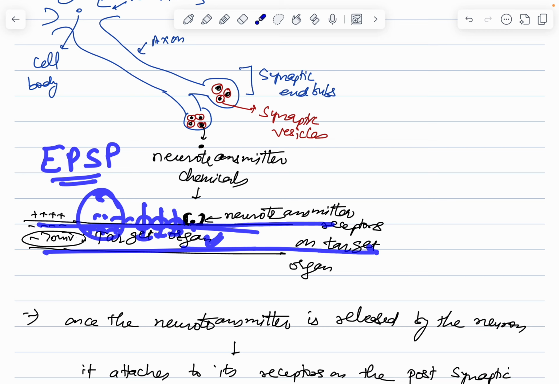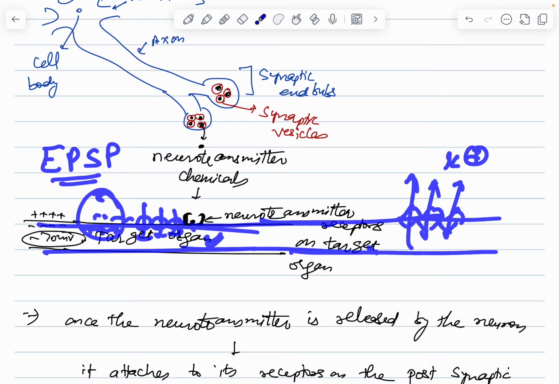But then there are certain neurotransmitters whose receptors are going to trigger opening of potassium ion channels. If the neurotransmitter attaches to receptors and the receptors trigger opening of potassium ion channels, there will be straight away potassium exit from the resting membrane.